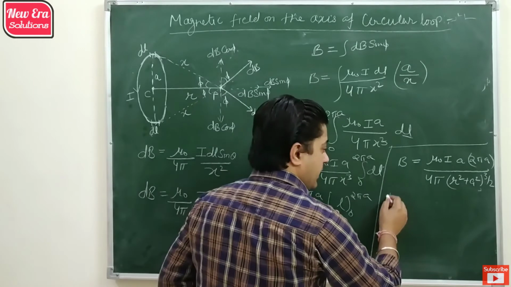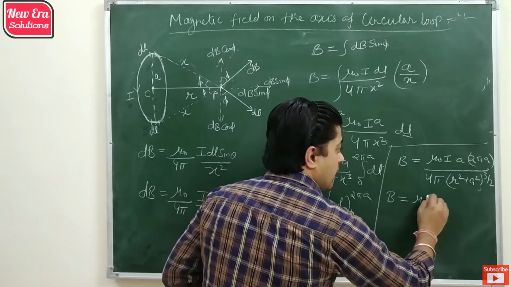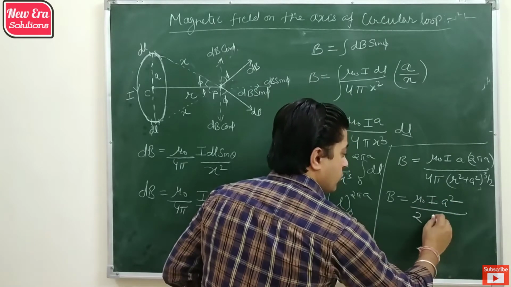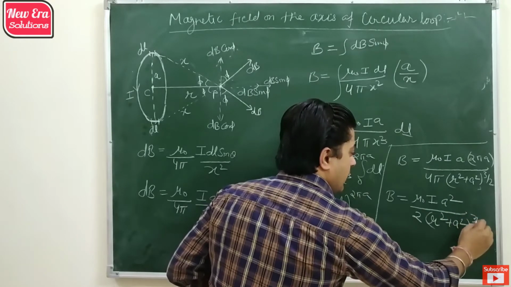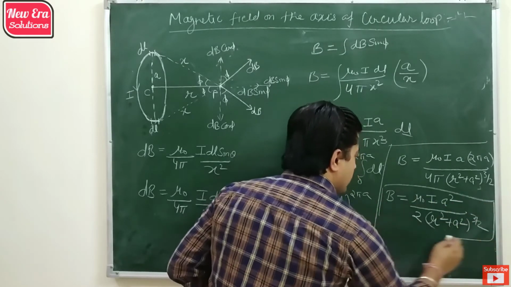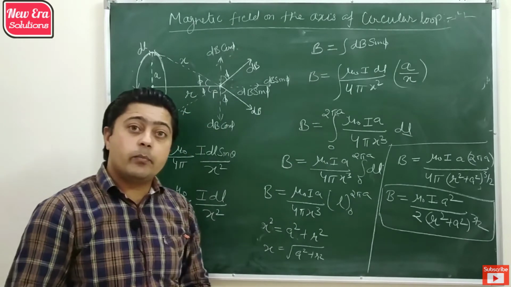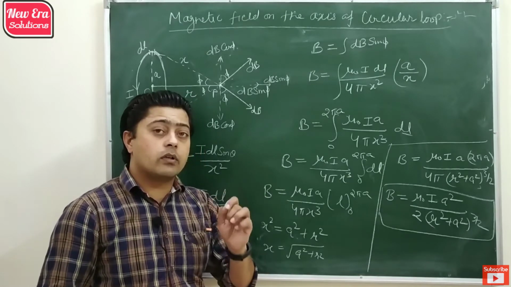By simplifying it, we get B is equal to mu naught I a square by 2 times r square plus a square whole power 3 by 2. So this is the magnetic field at any point on the axis of a current carrying circular loop.